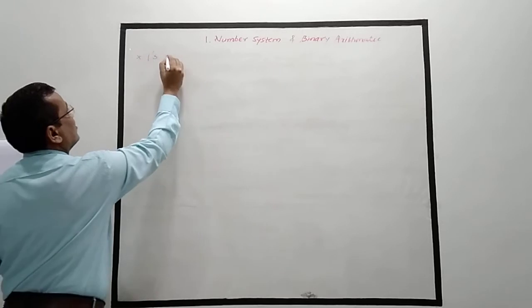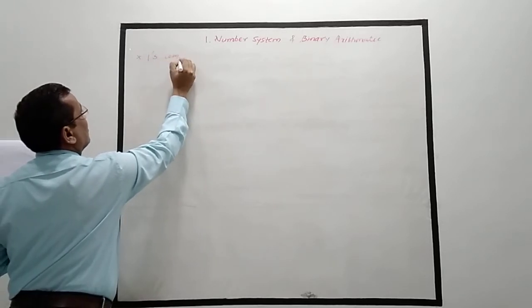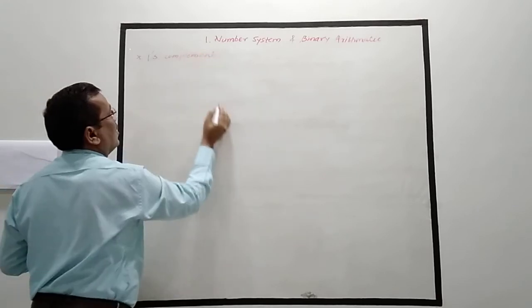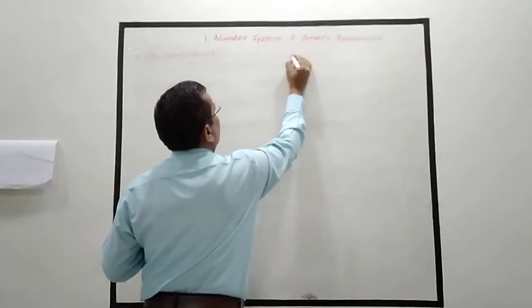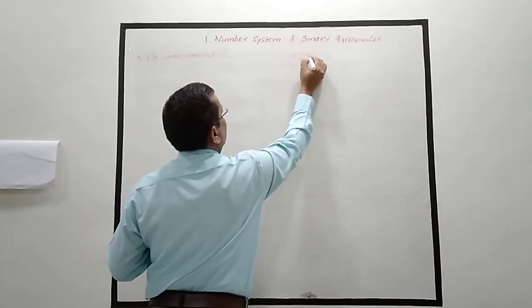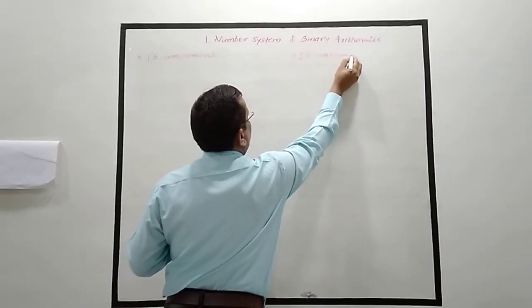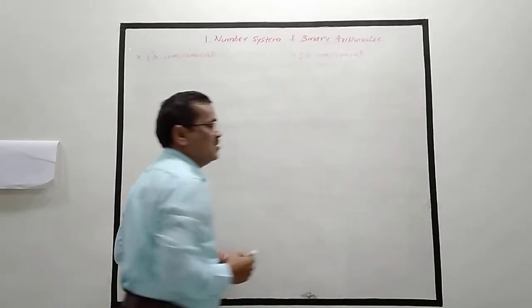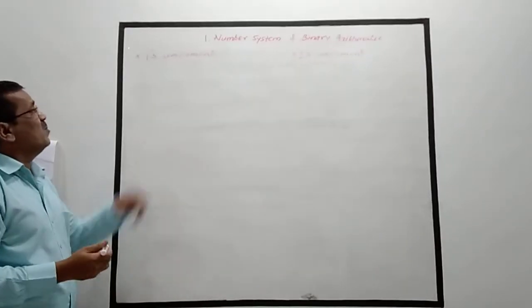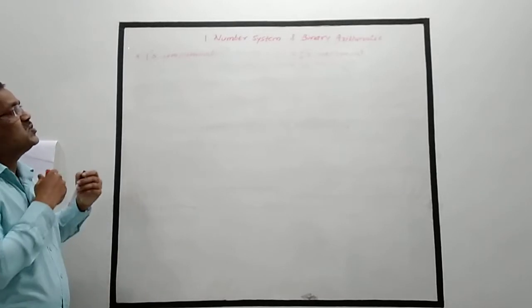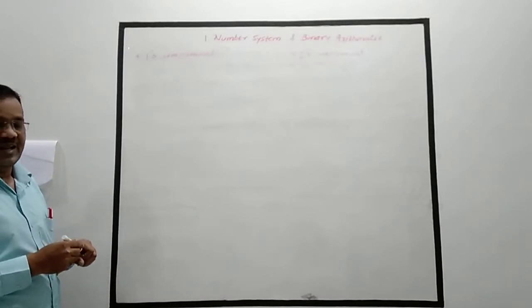Ones complement and here twos complement. So what is the ones complement of a binary number and what is the twos complement of a binary number?